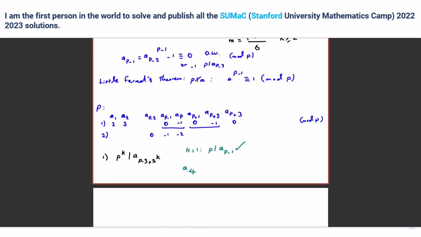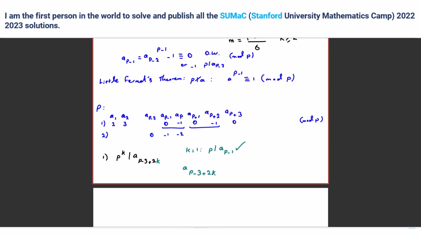So then you want to prove a to the p minus 3 plus 2k plus 2. You want to use this 2k plus 1 to prove it. No, plus 2 times k, not to the power of k. Oh, okay, so plus 2k. So it's the exact same thing we did above for 3 and 5. It's the exact same solution.